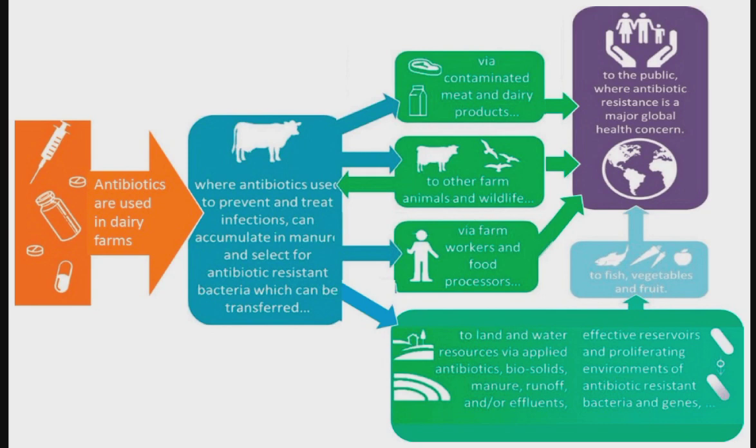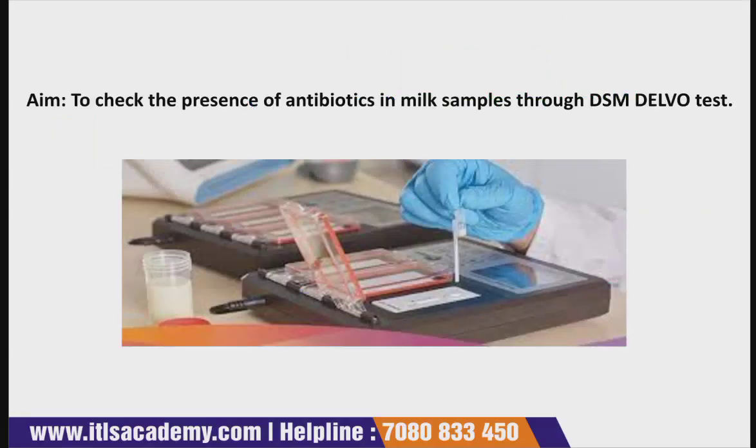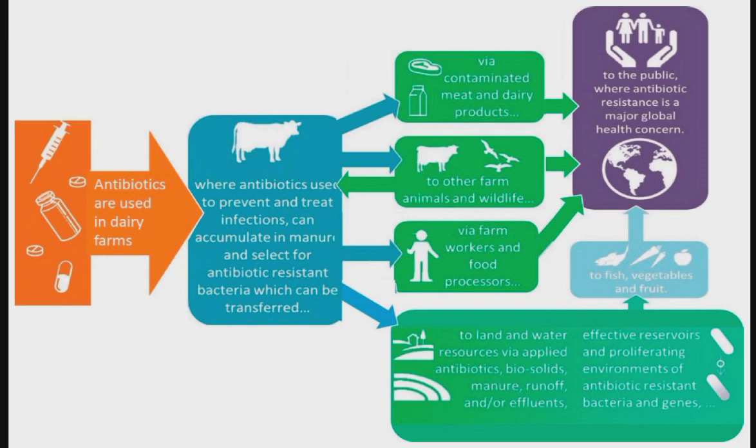If you see in this diagram, it is used in dairy farms just to prevent and treat various types of infections, right? Otherwise it can contaminate meat and dairy products.